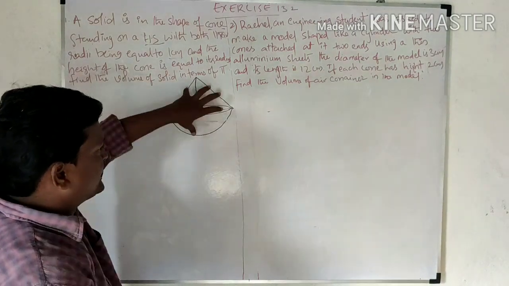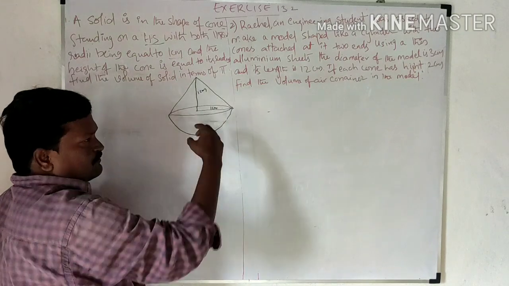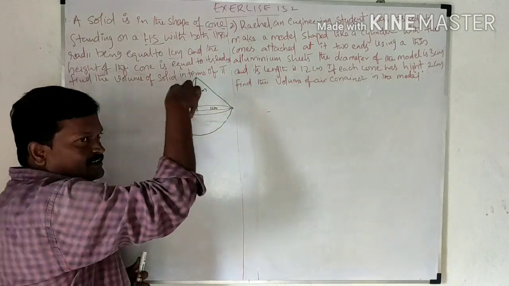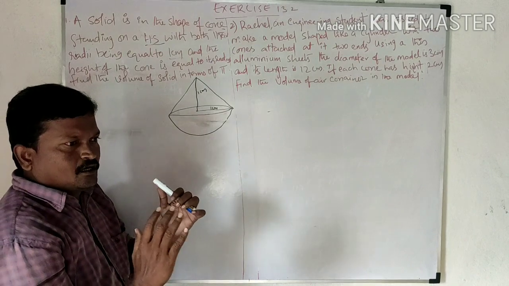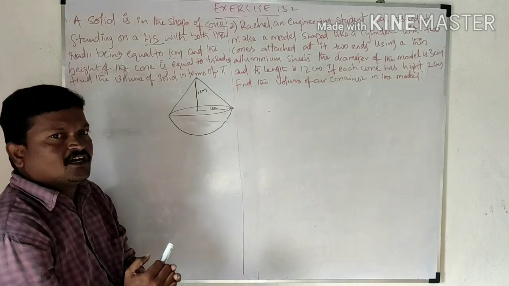Now we have to find the volume. Surface area means only this area. Volume means this total inside. How much capacity this solid has is nothing but the volume.